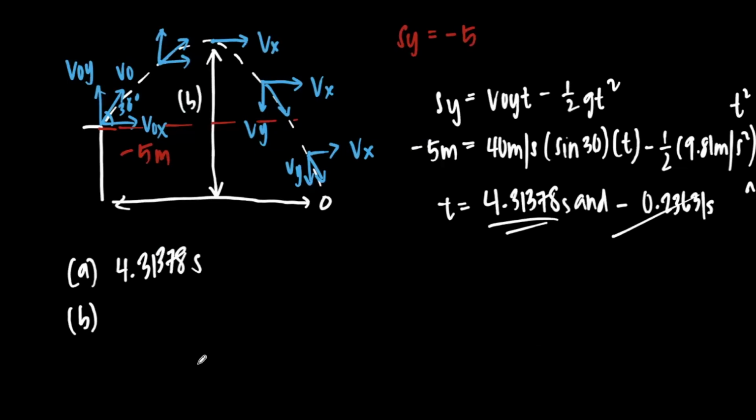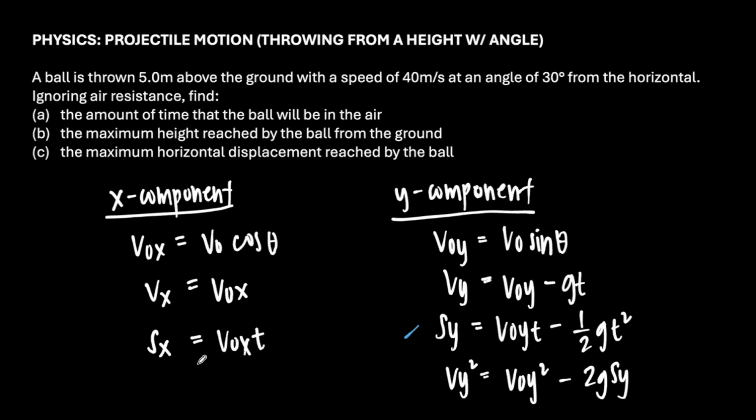Okay? Now, calculating for this height. At the maximum height, we know that Vy is equal to 0. There's no speed. When it reaches the maximum height, the velocity in the y-axis is equal to 0. Therefore, let's use this formula to take into account the distance here.